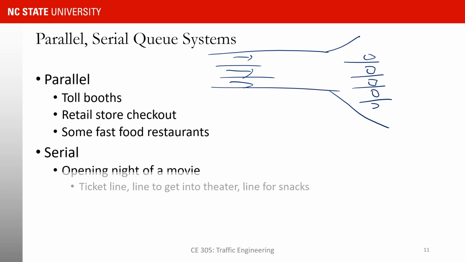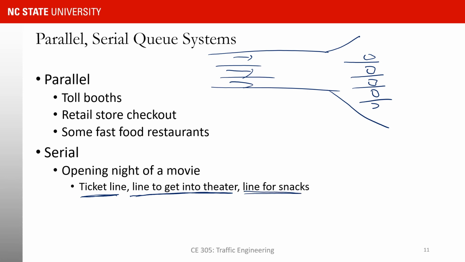For serial, think about opening night of a movie. You need to stand in several lines to get to the movie. First, the ticket line. When you get your ticket, there is another line to get into the theater. If you want some snacks, there is another line.